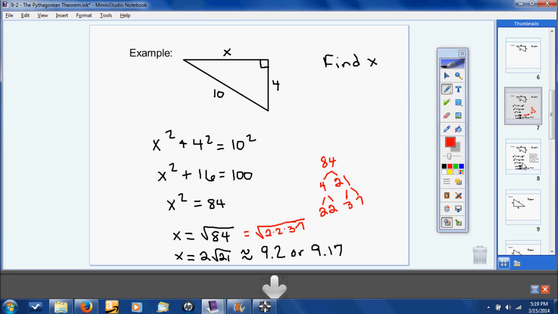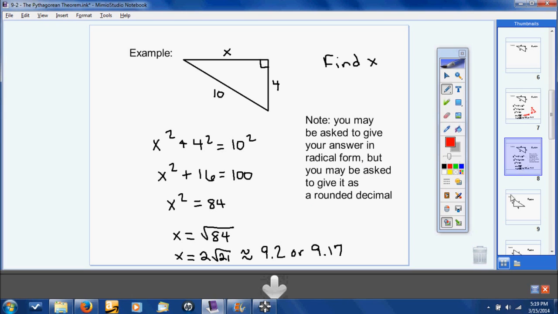I do have a special note here that you should jot down. You might be asked to give your answer in radical form, like I said, but you may be asked to give it as a rounded decimal. You need to be able to do both. You need to be able to recognize both. In some contexts, the decimal is much more useful, but in some scenarios the radical form is much more useful. So jot that note down.